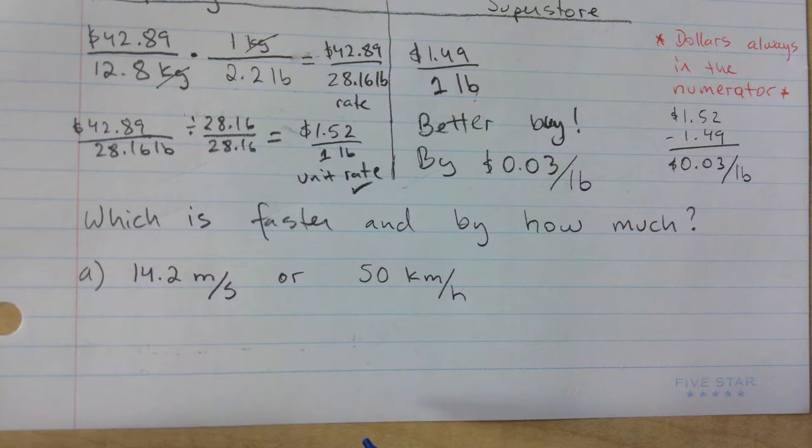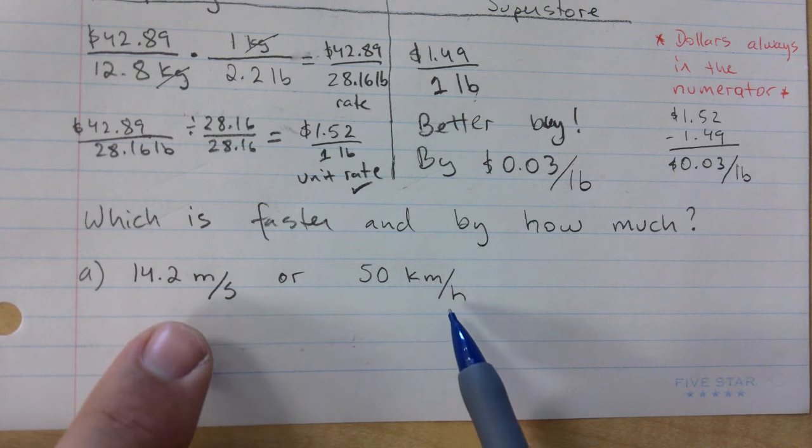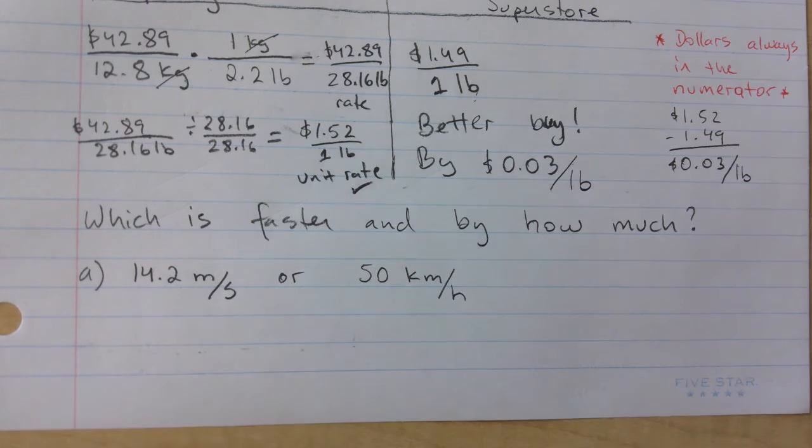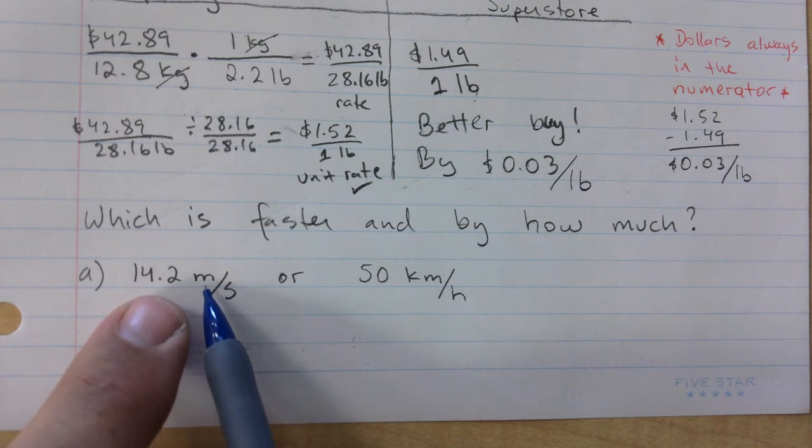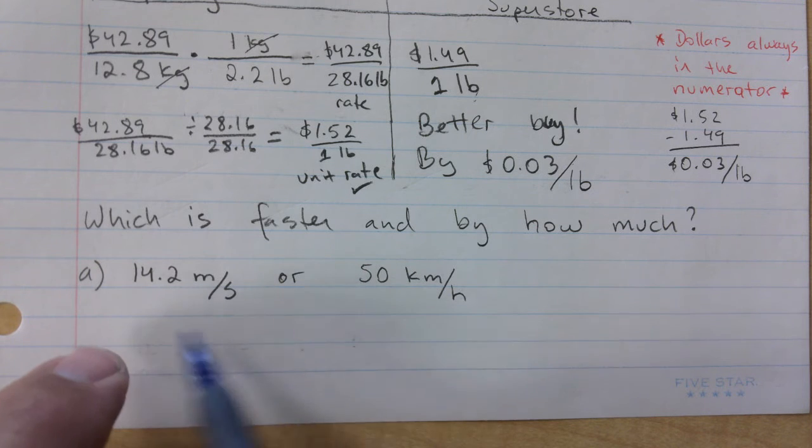Obviously they're both unit rates, so it really doesn't matter which one you pick to convert. That's up to you. I'm going to convert this one to kilometers per hour.